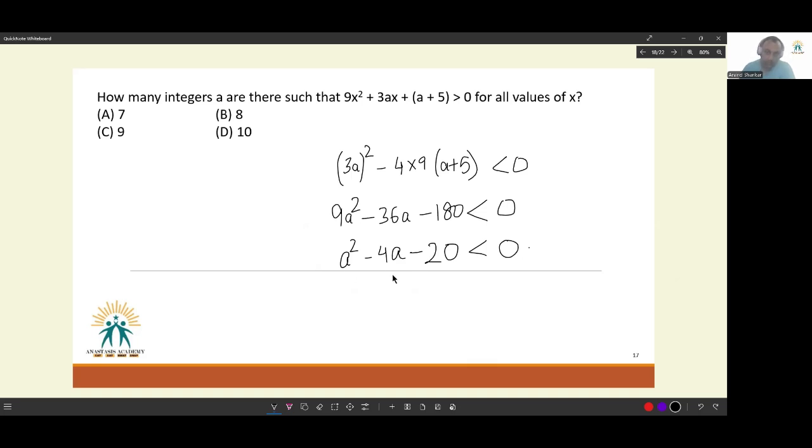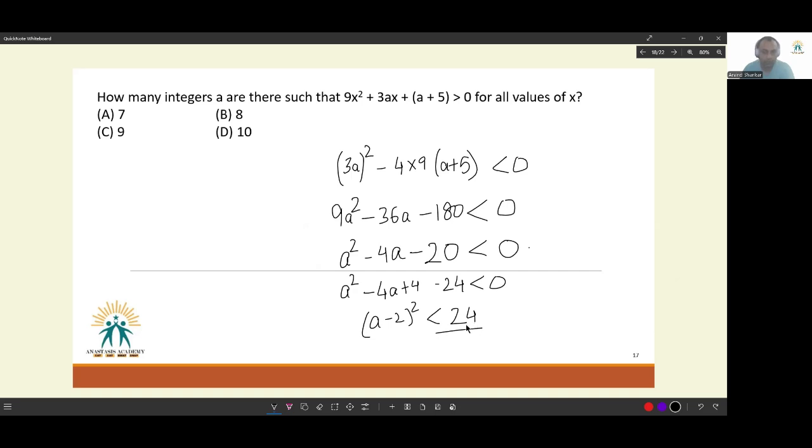Now, here, if I try to use factorization, it will not be very fruitful. What I can instead do is do this, completing the squares idea, a square minus 4a plus 4 minus 24 is less than 0, or a minus 2 whole square should be less than 24.